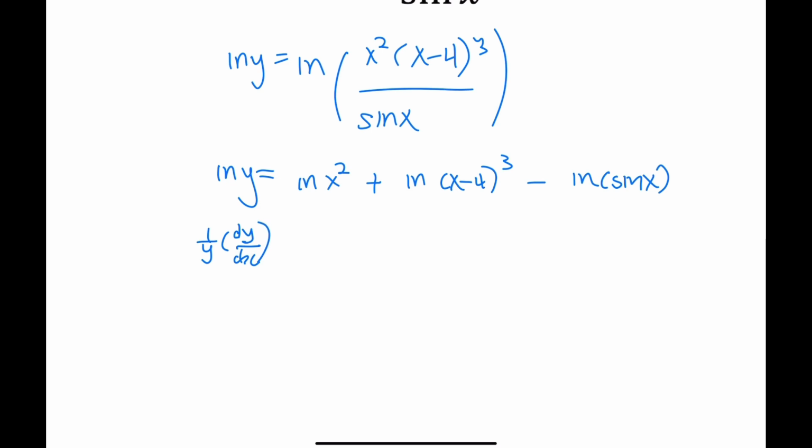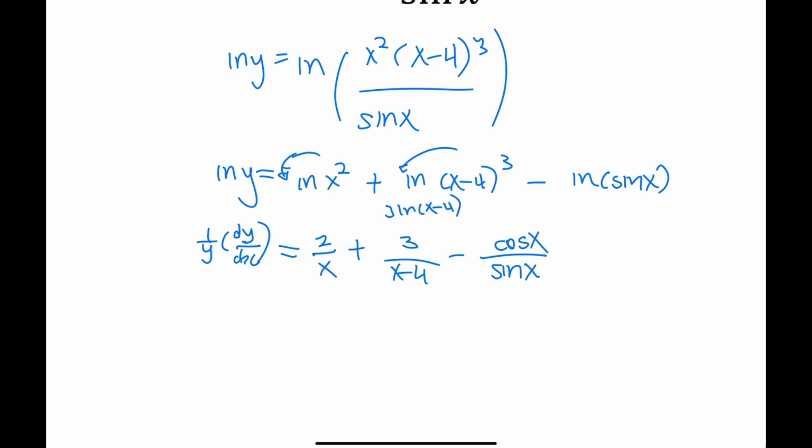So this is basically implicit differentiation, equals 2 over x, because the 2 comes out to the front, and then plus 1/3 ln (x minus 4), so 1 over x minus 4 times 1/3, and then minus 1 over sine x, and then chain rule, so cosine x, right?